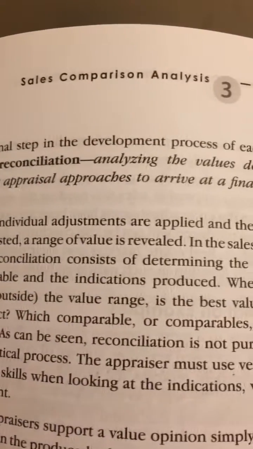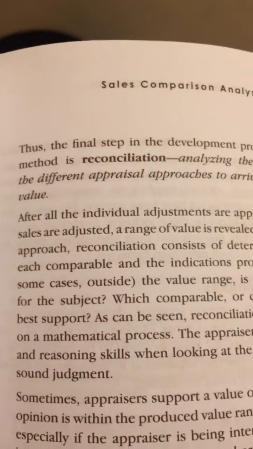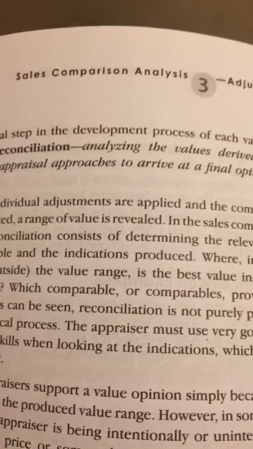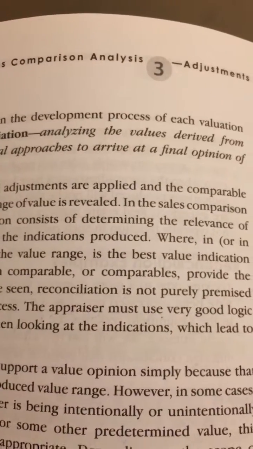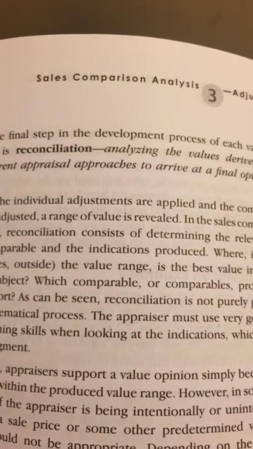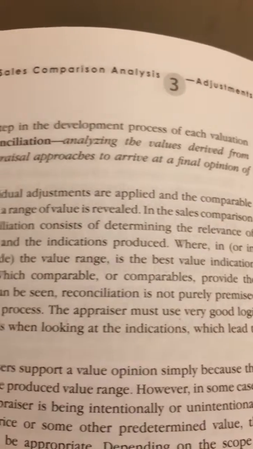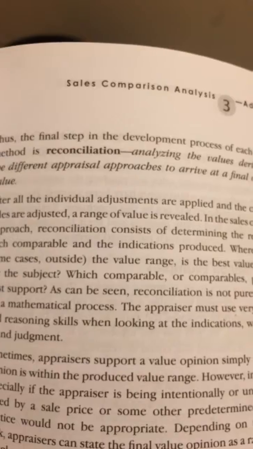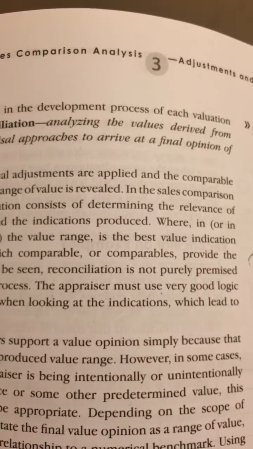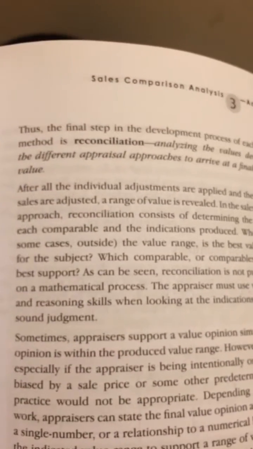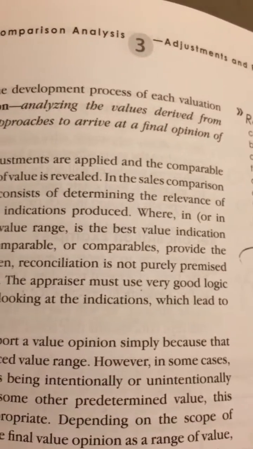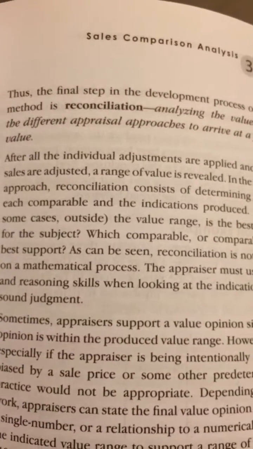After all the individual adjustments are applied and the comparable sales are adjusted, a range of value is revealed. In the sales comparison approach, reconciliation consists of determining the relevance of each comparable and the indications produced, where in, or in some cases outside, the value range is the best value indication for the subject.